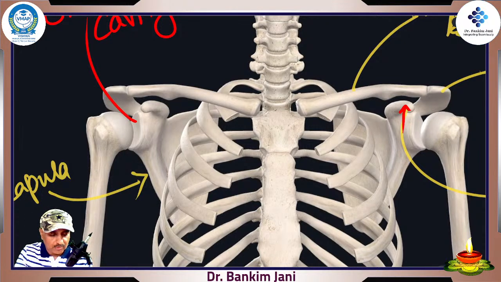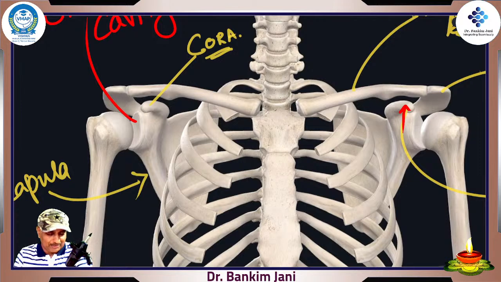That's the coracoid process, Janki. I'm just writing cora, you understand the rest. Coracoid process. Question is, is the glenoid cavity bigger or the head of the humerus? Exactly, the head of the humerus is bigger.